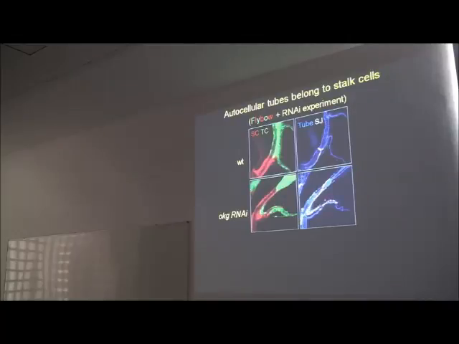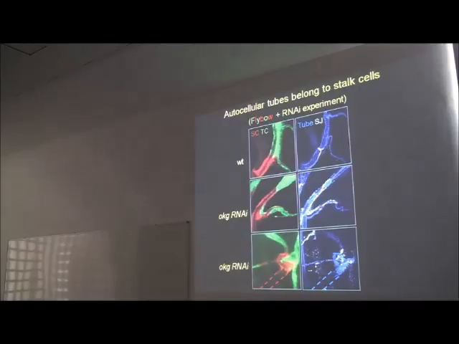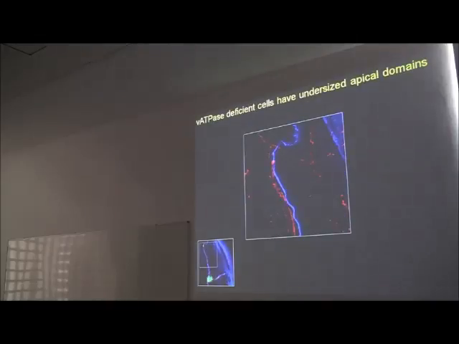And the junctions follow. Here's another, more extreme example. So here's the green cell. You can see the red cell entering into it, extending this way, extending quite a distance in this direction. So the neighboring cell is invading.